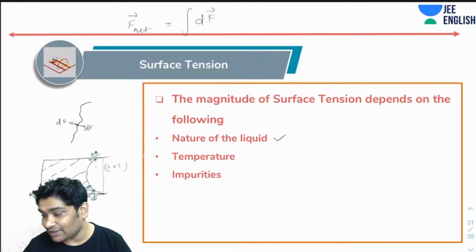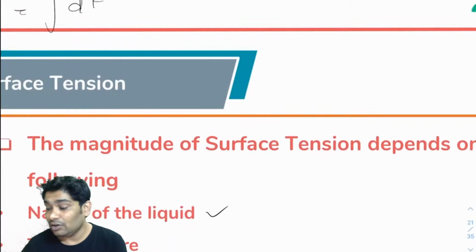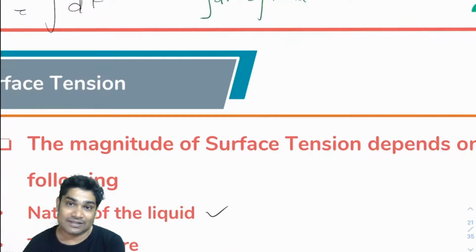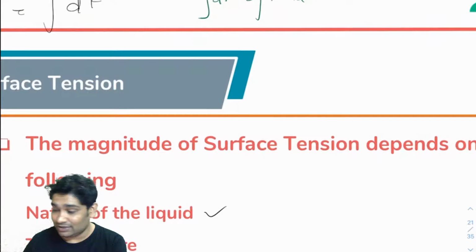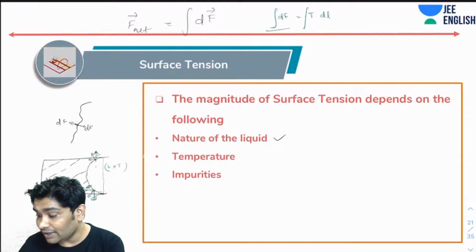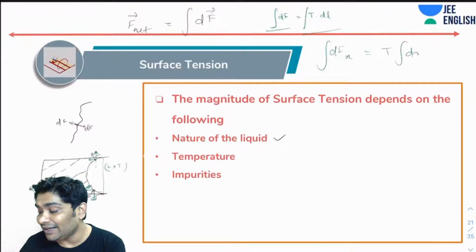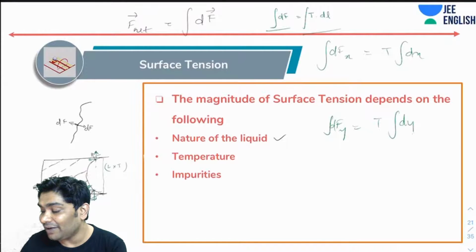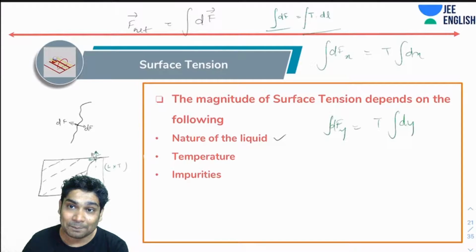what you're doing is dF equals T times dL. Now when you integrate this, there is the catch. Integral of dFx would be T times integral dx, integral of dFy would be T times integral dy, and so on.